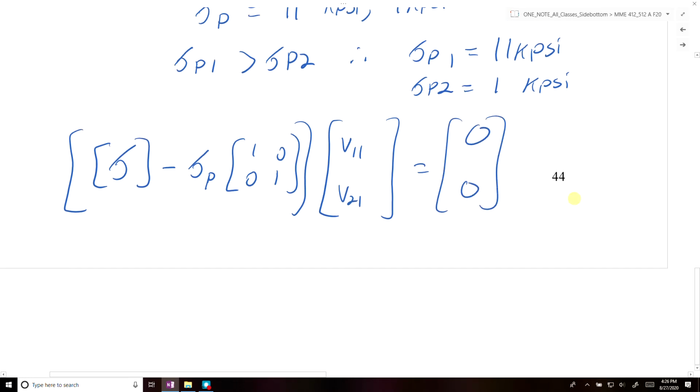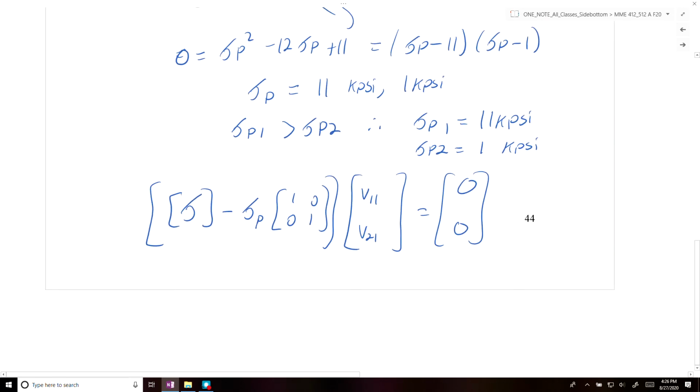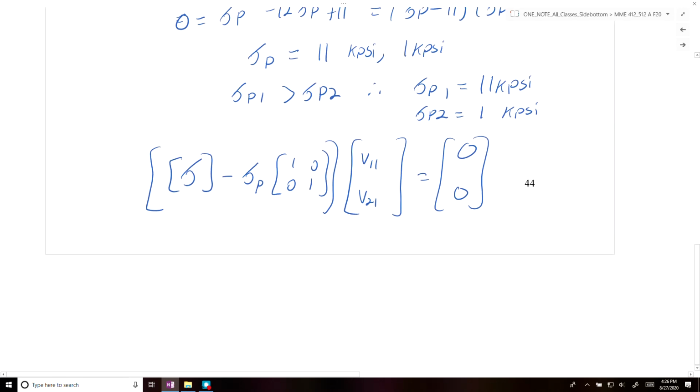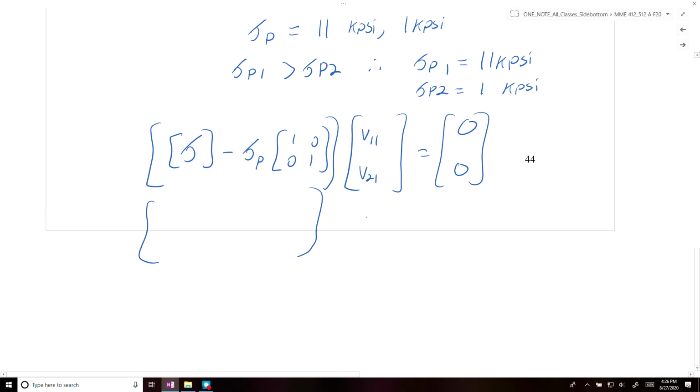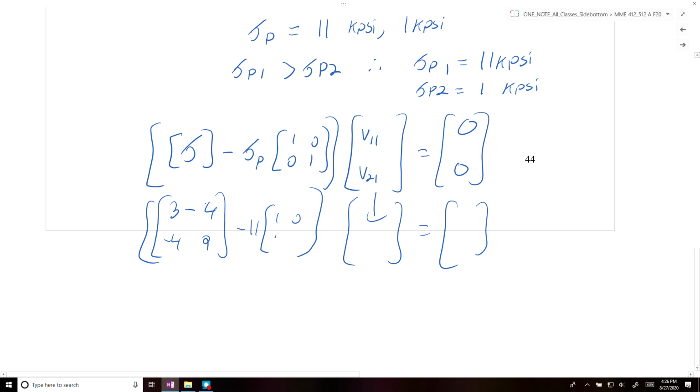We can evaluate this matrix really quick. If we plug everything in, we get 3 minus 4 and 9 minus 11 times the identity matrix 1, 0, 0, 1.